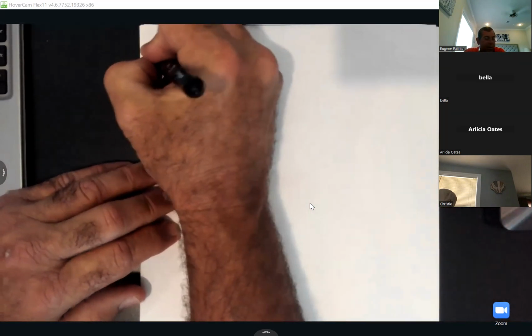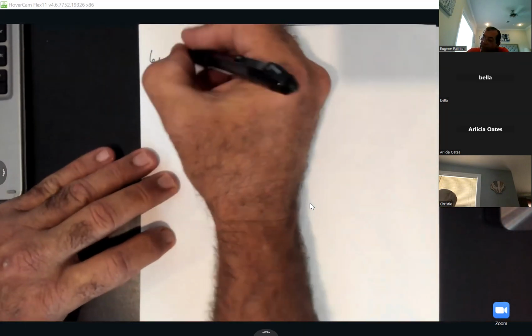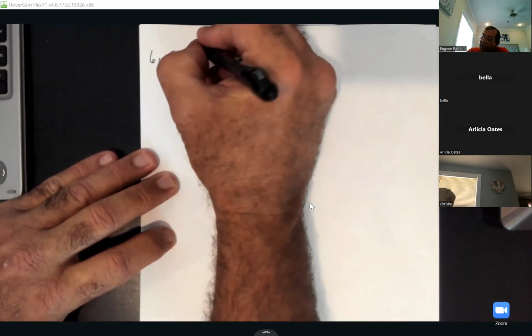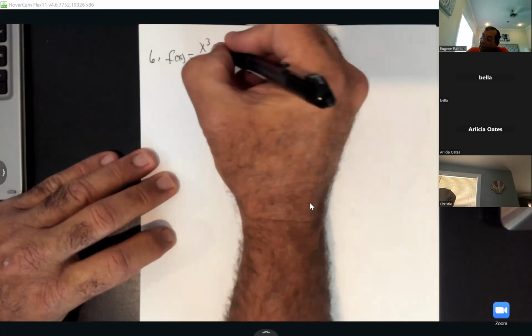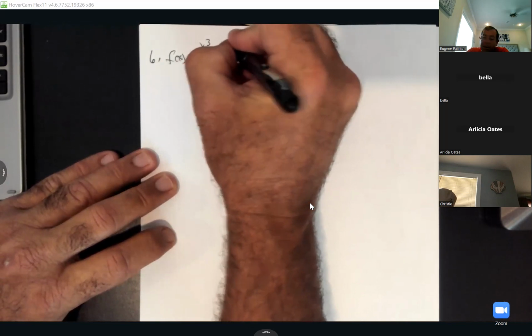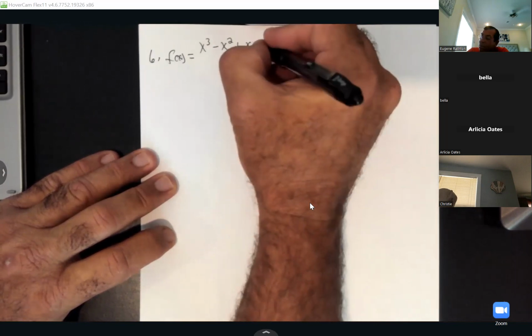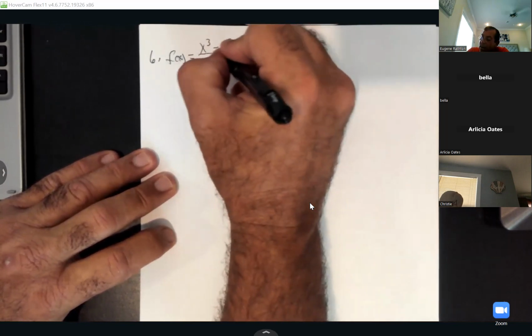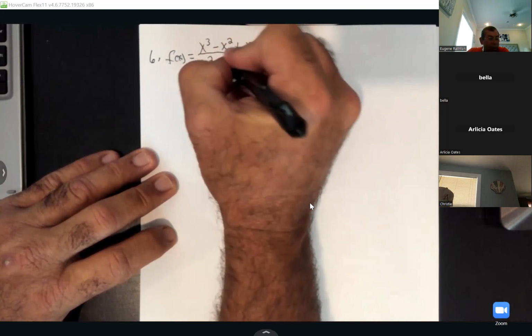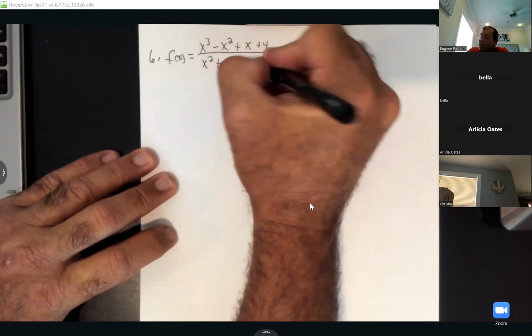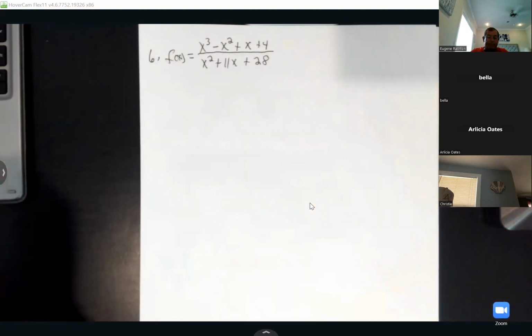All right, for number 6 in that section, f of x equals, on top, I have x to the third minus x squared plus x plus 4. On bottom, I have x squared plus 11x plus 28.